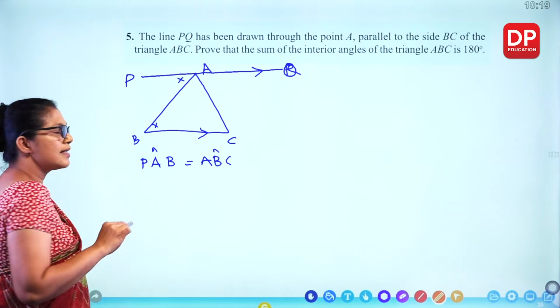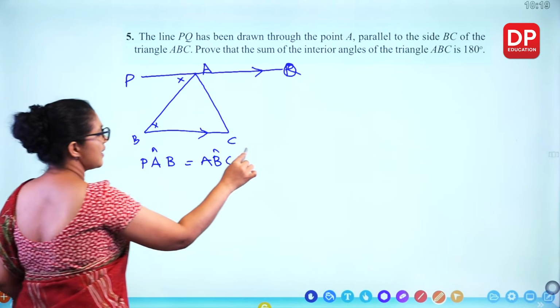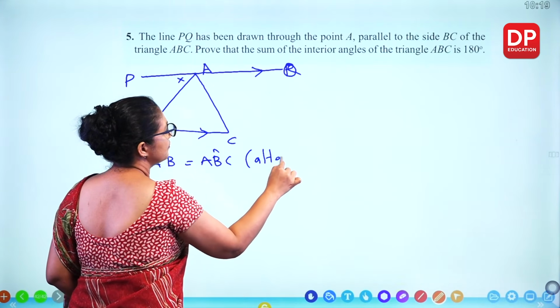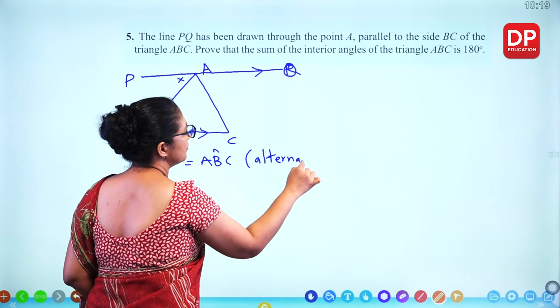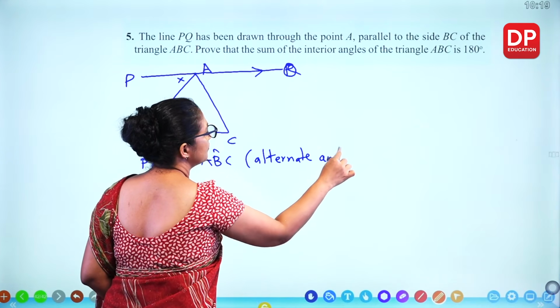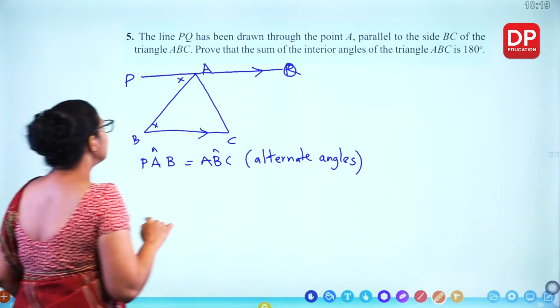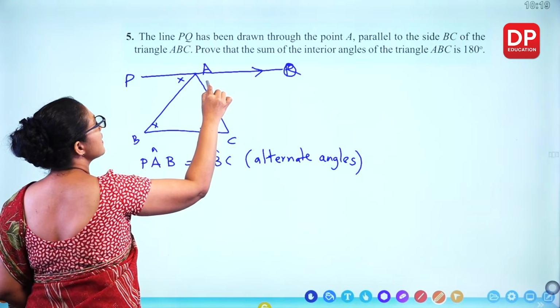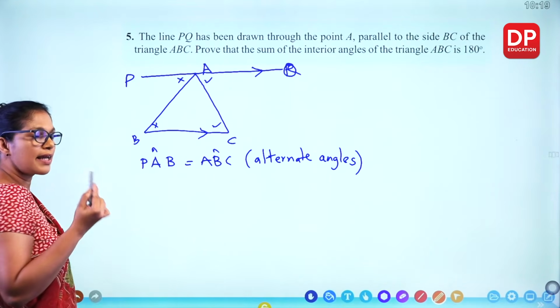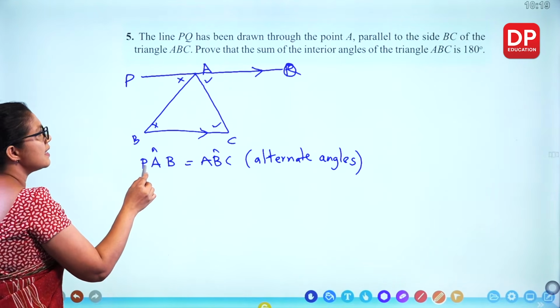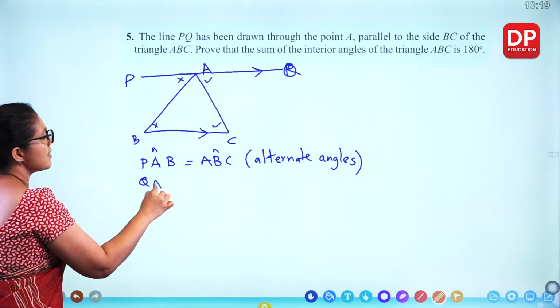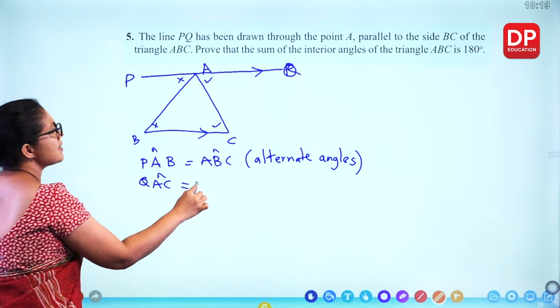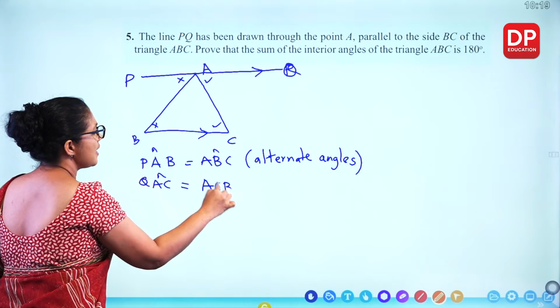What's the reason? Alternate angles. Then I can write this angle is equal to this angle. Again, alternate angles. QAC is the same as angle ACB.